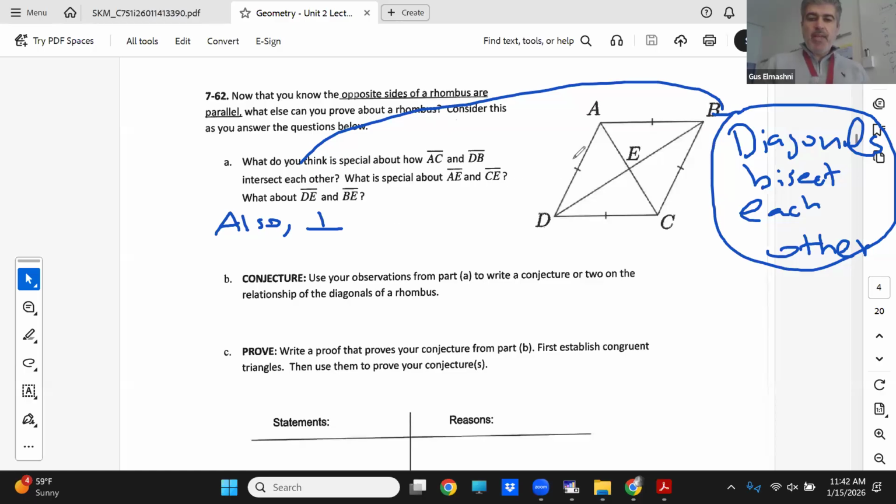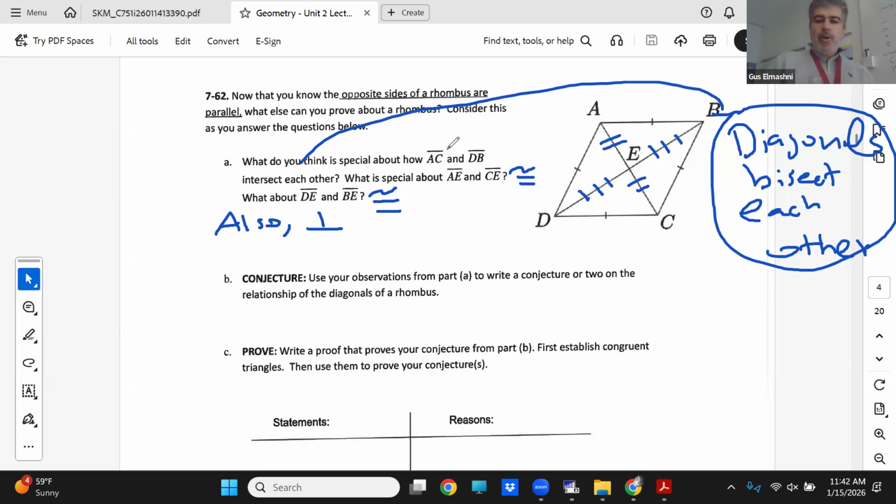And what's special about AE and CE? Those are the same, and those are the same. So congruent.